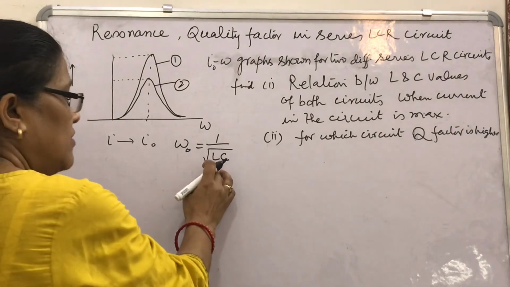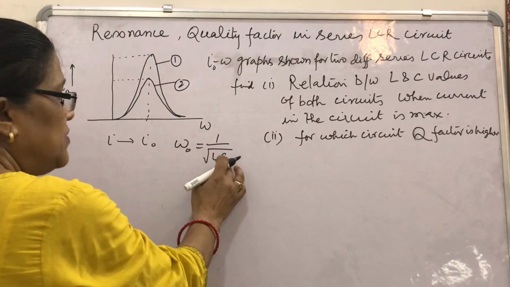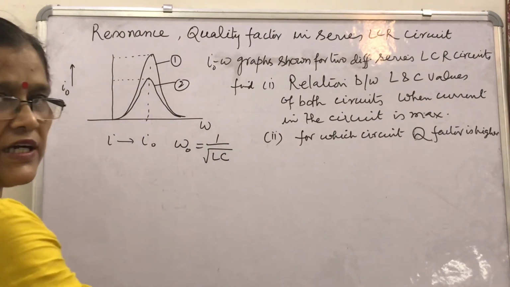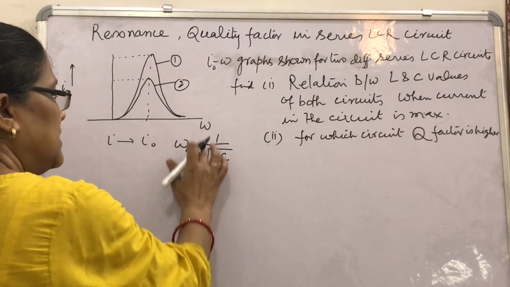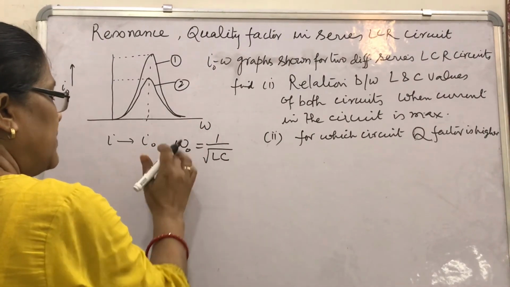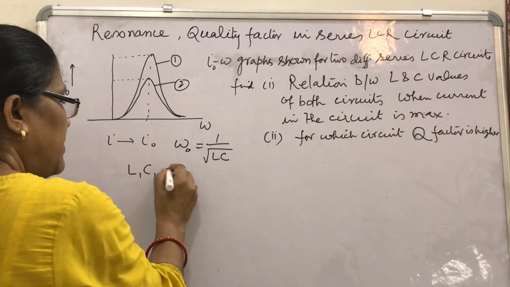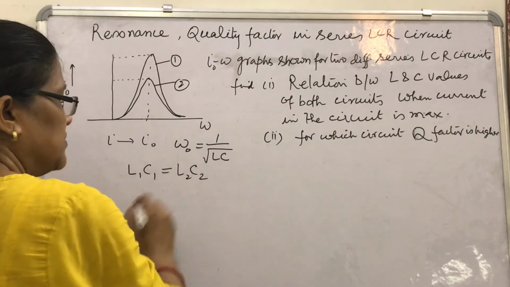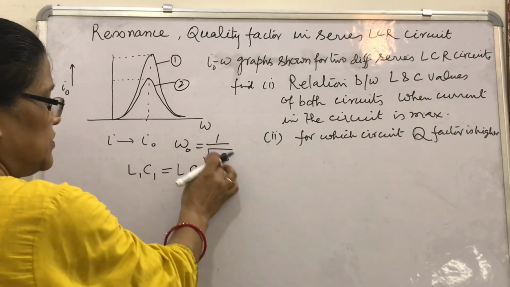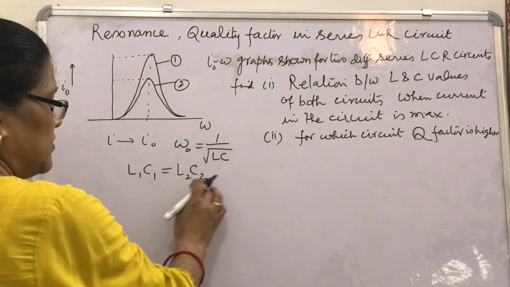If L1 and C1 are the values for the first circuit and L2 and C2 for the second circuit, then at resonant condition, L1 C1 will be the same as L2 C2, because you take the square.